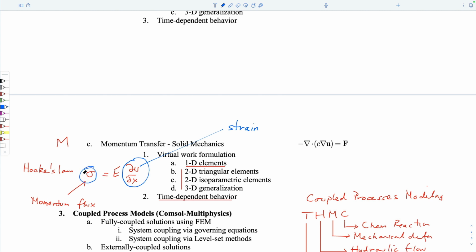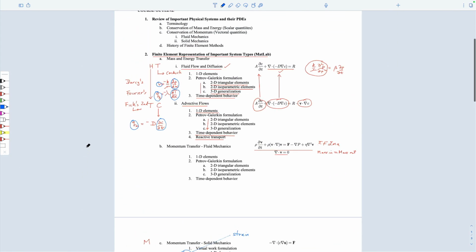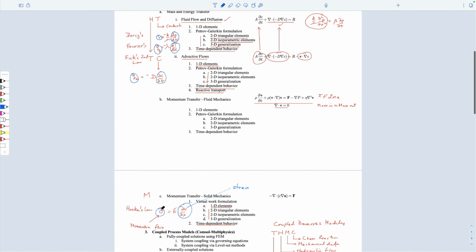So the point is that all of these expressions that we've talked about, Darcy's law, Fourier's law, Fick's law, and Hooke's law, go into some kind of framework of partial differential equations to conserve something, to conserve thermal energy, to conserve mass, to conserve momentum, or to conserve mass as in dissolved, or heat, I guess. Heat is the one I didn't mention.